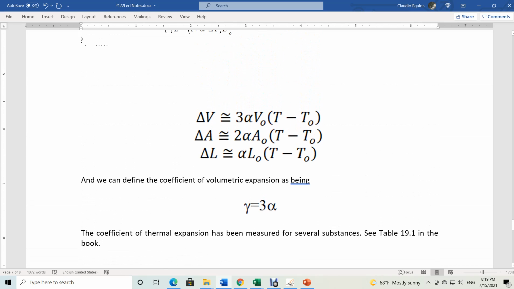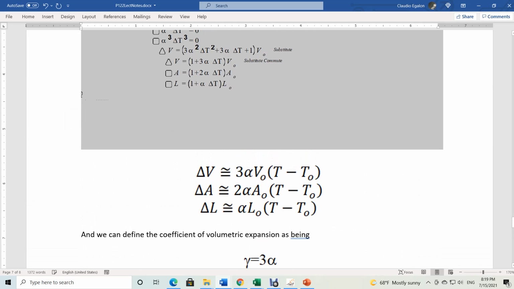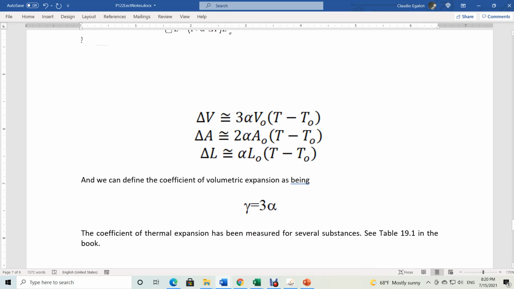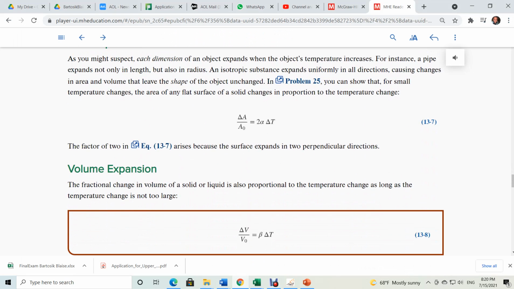Here is my final result, showing explicitly the approximation. Here's an equality, right? But we have an approximation. Let's see how your book does that. Area expansion, here you go, 2 alpha.